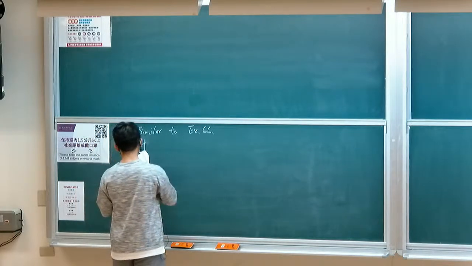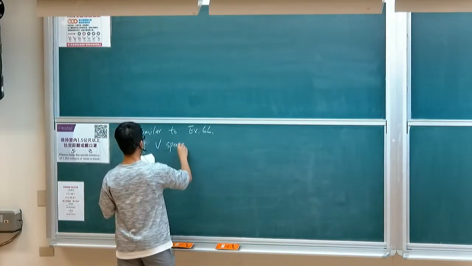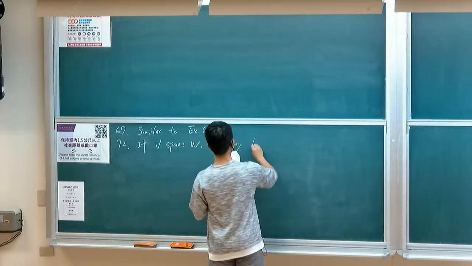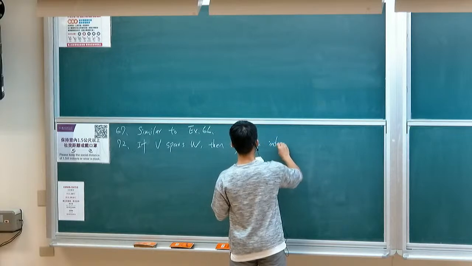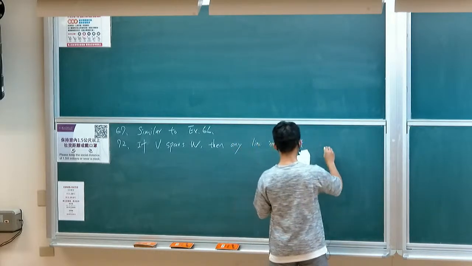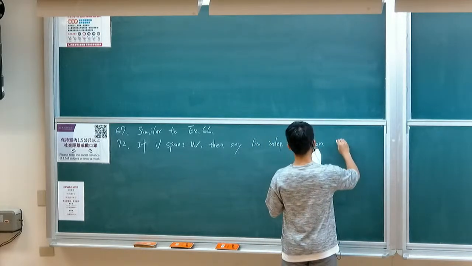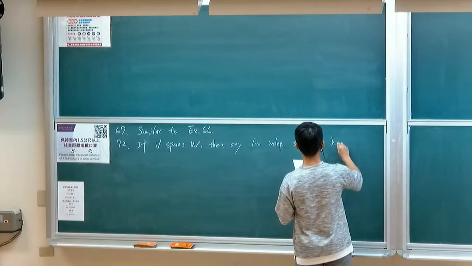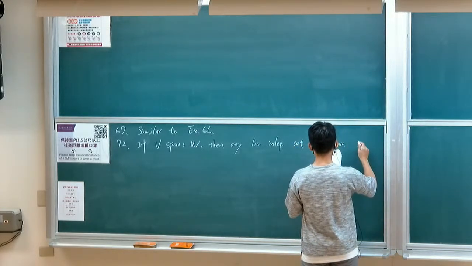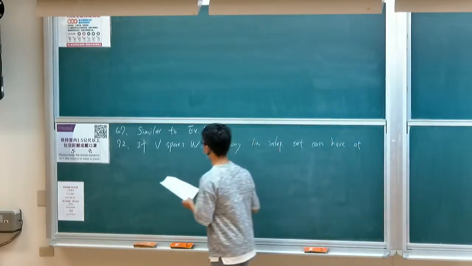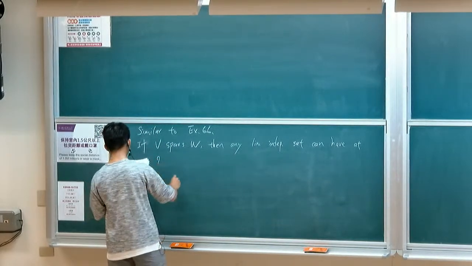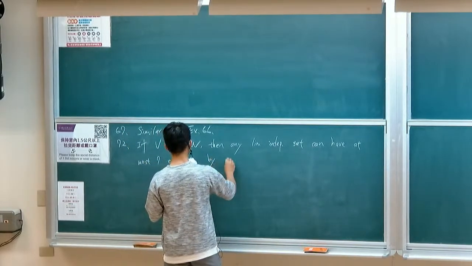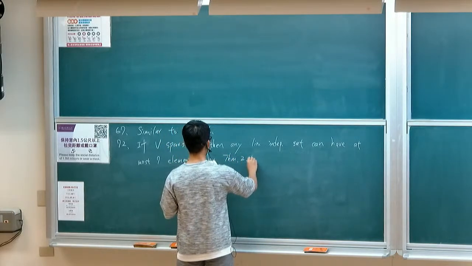Here we have two cases. If V spans W, then any linearly independent set can have at most 7 elements by Theorem 2.4 to 2.10.